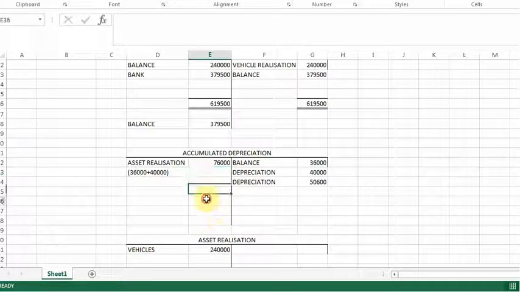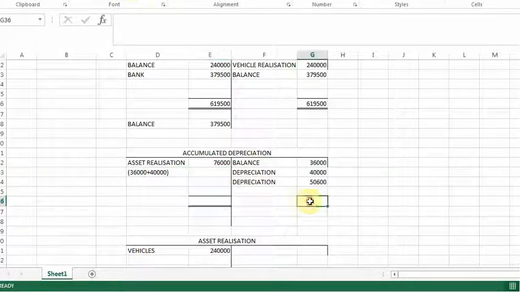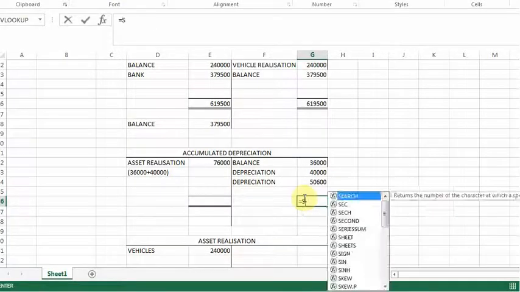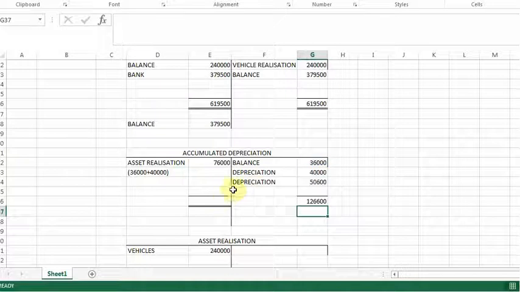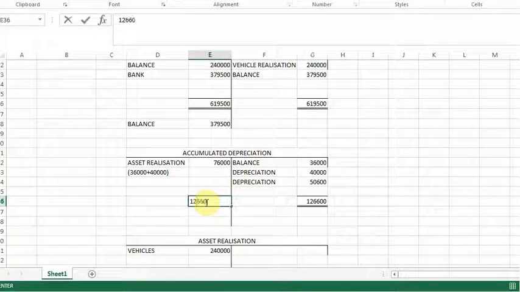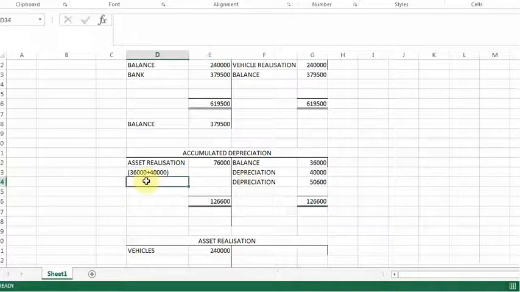I need to balance this account, so I'm just going to take the sum of everything on this credit side, and then I need to make it balance, so I'm going to need a balance that is brought over.